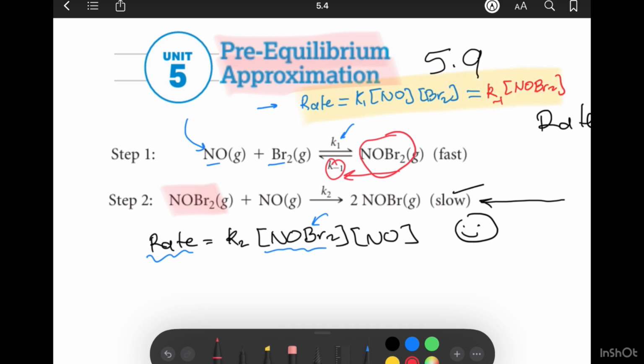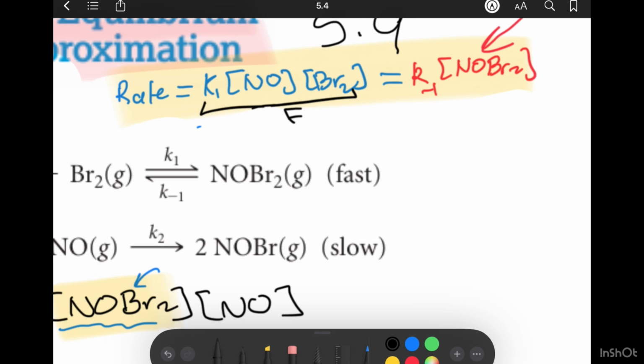Now, how can I make use of this? Let's go back to our original equation of the slow step, because the rate-determining step, which is the slow step, is our key to write the rate law. This was our problem: how can I get rid of the NOBr2? We can represent this in terms of this helpful equilibrium relationship. The rate of the forward reaction is the same as the rate of the backward reaction.